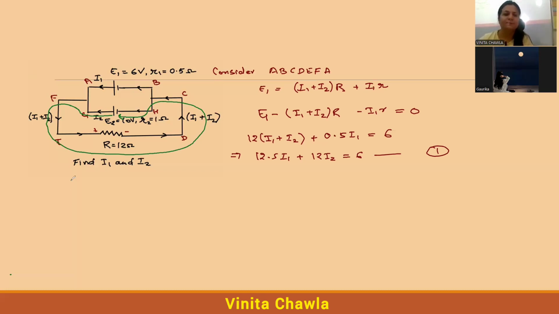So consider this, we are moving from F G, है ना? G F E D C H. This is the loop we are considering. कैसे लिखेंगे बताओ अब आप बताओ.